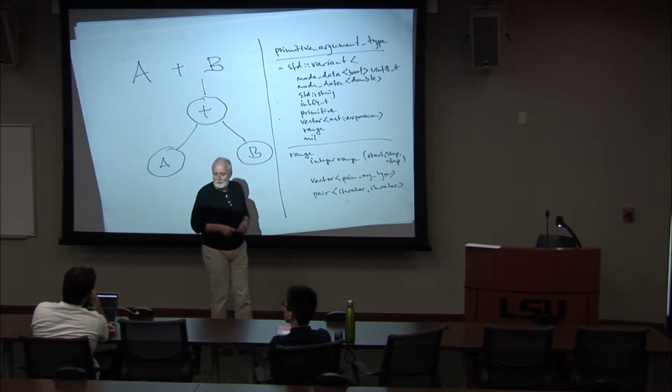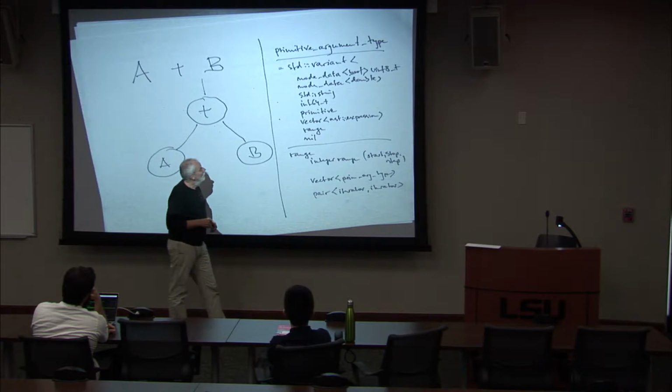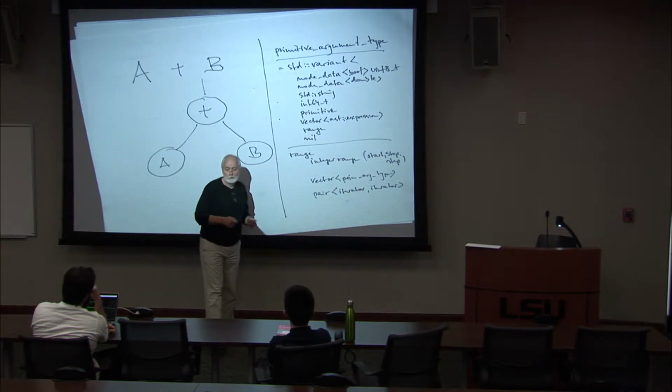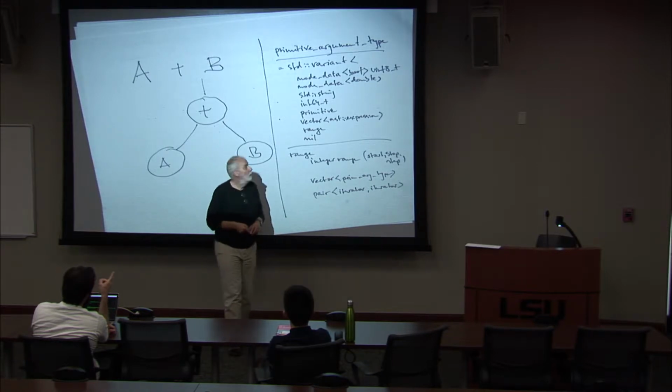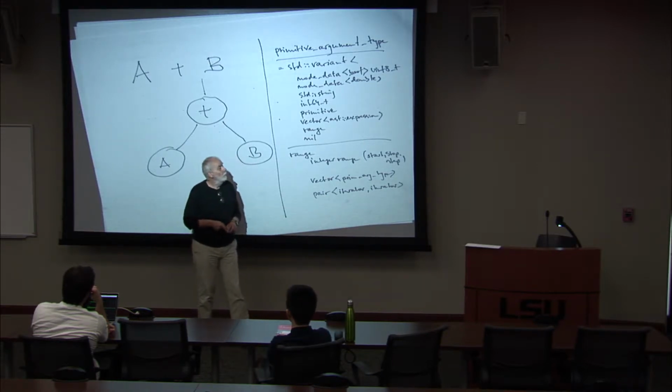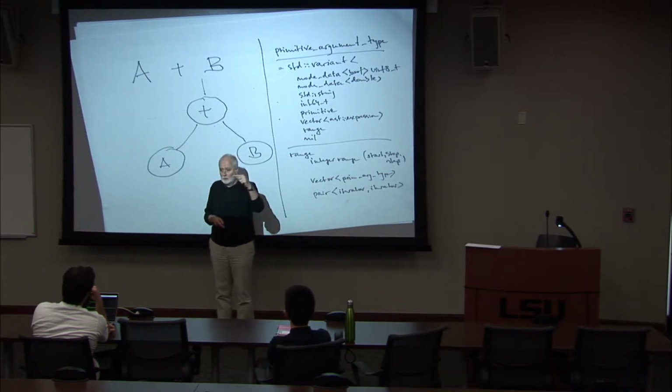Wouldn't that be a problem with the size of the variant? No. Adding another node to primitive argument type. Well, a variant is either that, or that, or that, or that, or that. So the memory required to store that variant is equal to the memory requirements of the largest of the types in there.